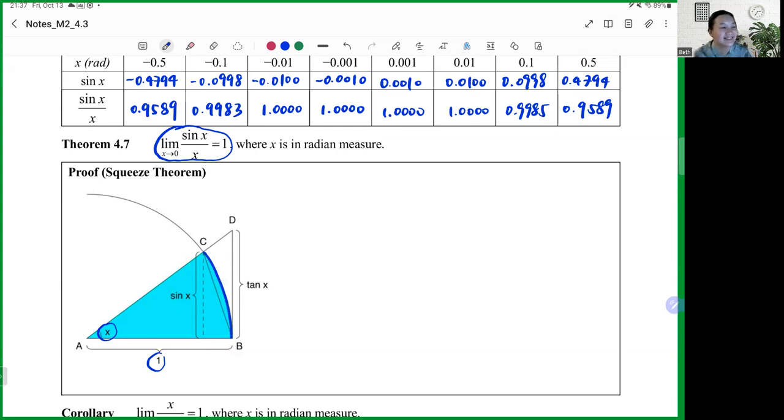Agree? Arc length divided by the radius is equal to the angle. So the blue line has length x.